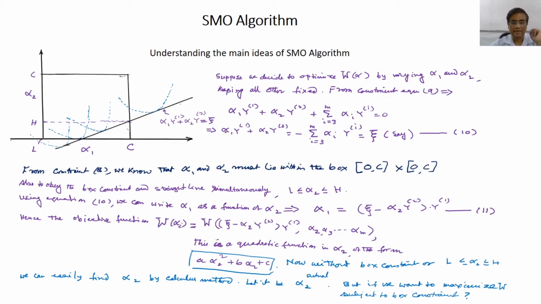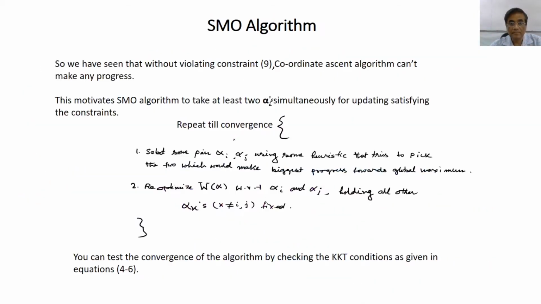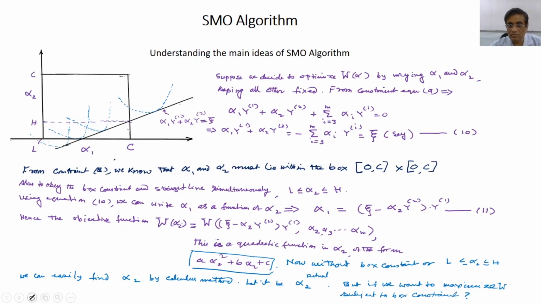So here is how it works. Alpha 1 and alpha 2 we have selected, and then we are re-optimizing W of alpha, which is a quadratic function, A alpha square plus B alpha plus C of this nature. To do that we need to do a little more math.